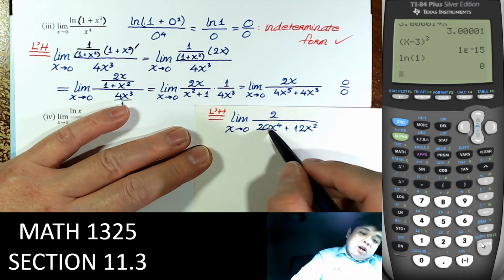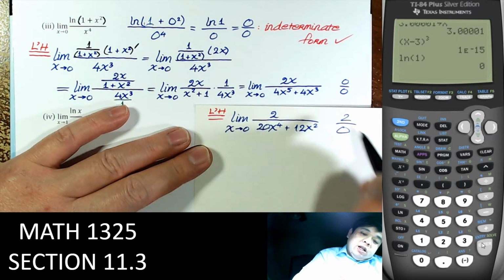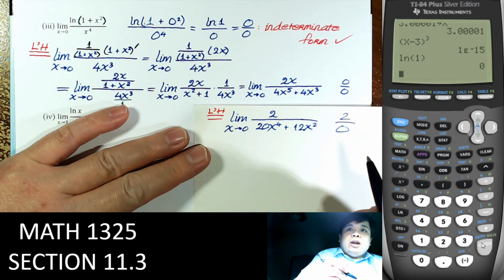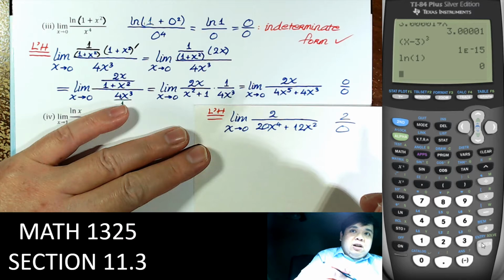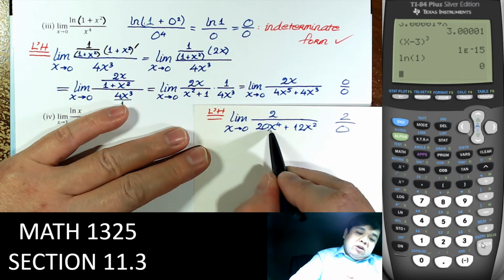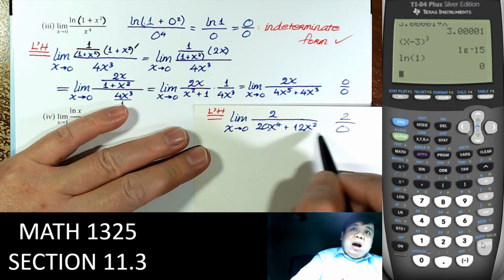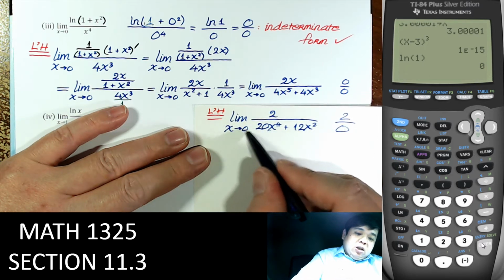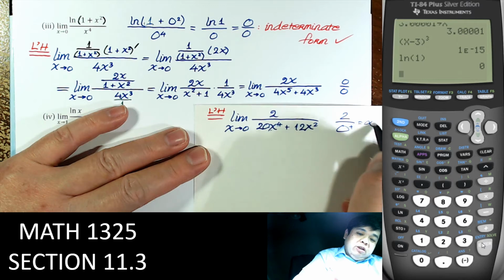Then we put 0 in, and we have 2 over 0. Well, that is undefined. And by the way, because that is an even power, both of them are positive, so we have infinity.